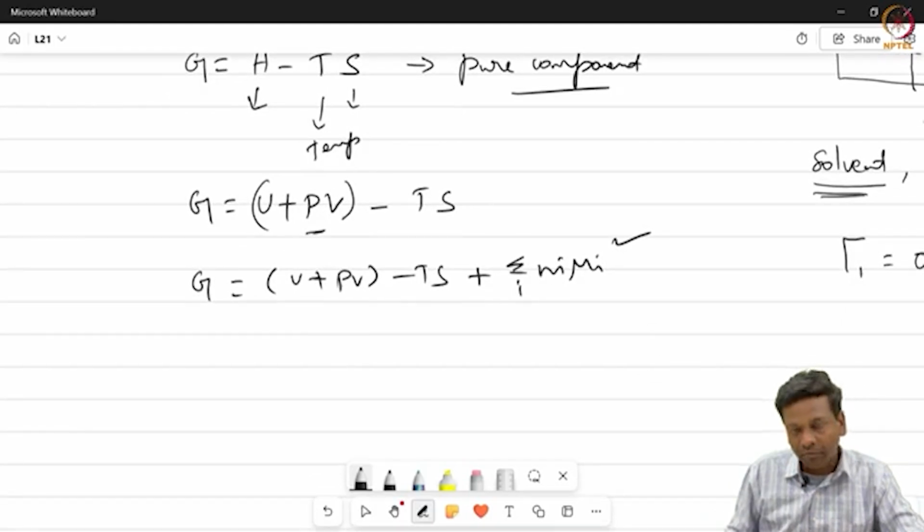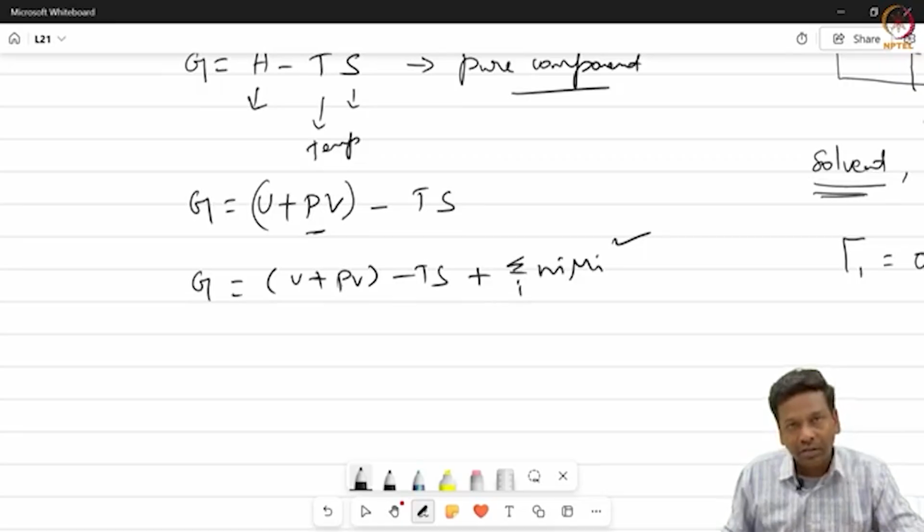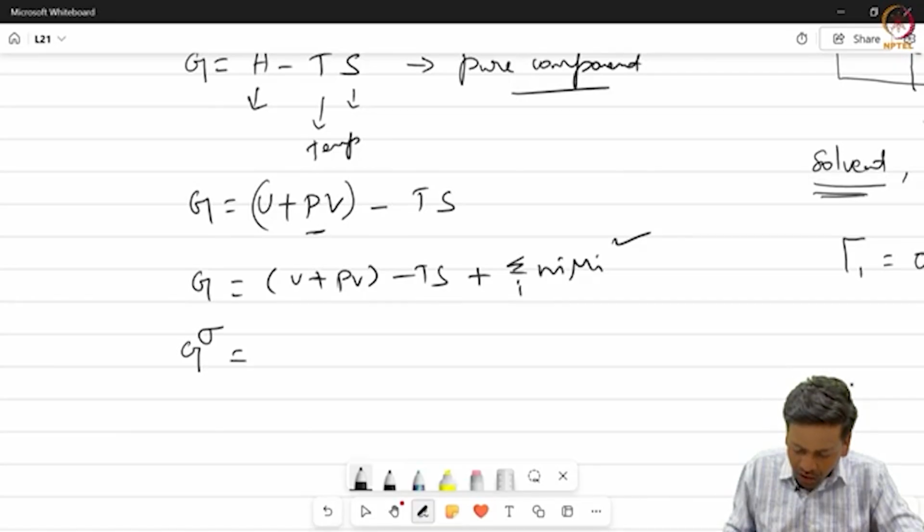Now if I have to define each bulk phase separately, how can I mention that? That is what we are going to look at. So G alpha is going to be my bulk phase 1.